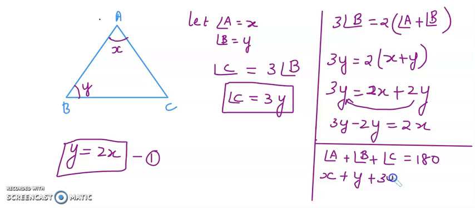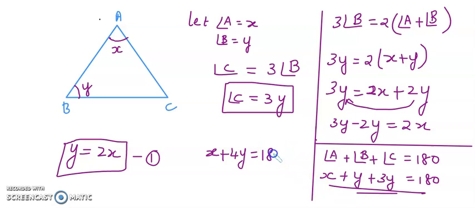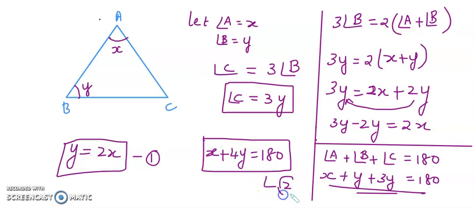Yes, 3Y equals 180. So can you make a second equation here? Yes, it becomes X plus 4Y equals 180, right? So did I get my second equation? I can do substitution, which is the easiest one here, but you can go for cross multiplication or elimination. So I gave you the two equations.